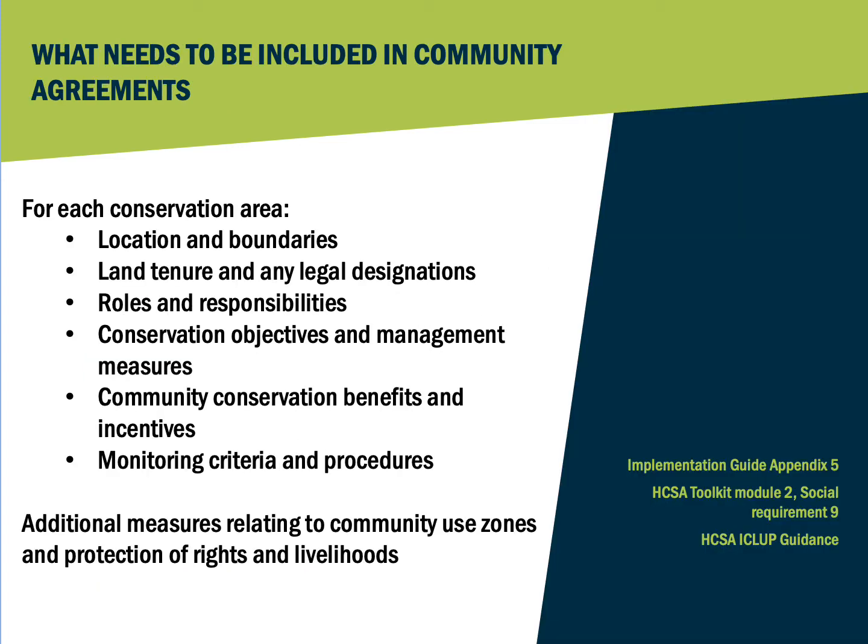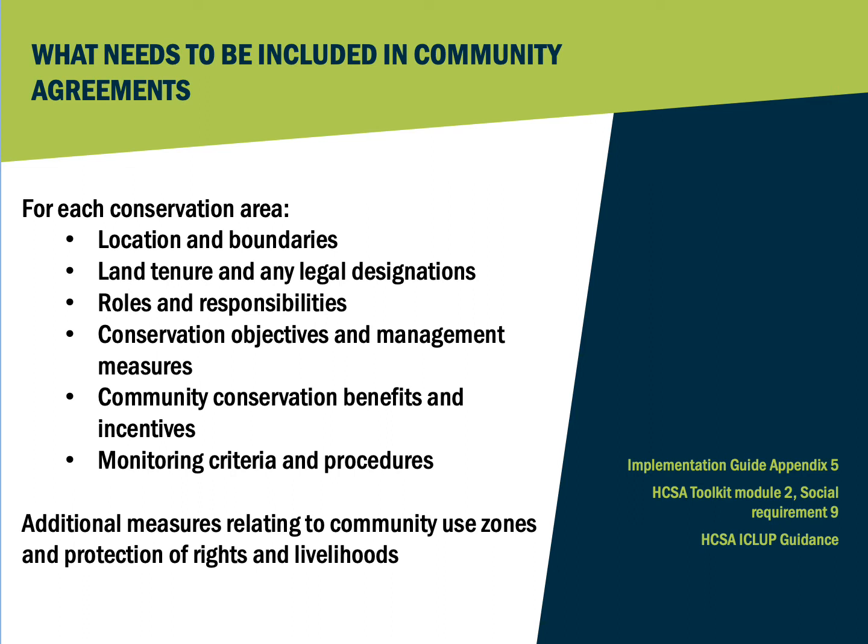Community agreements are usually for a fixed duration, after which they will be reviewed. For each conservation area, they specify its location and boundaries, land tenure and any proposed legal designations, for example as a protected area or a community forest, roles and responsibilities of the different parties involved, the conservation objectives and management measures, including rules about what is permitted, which need to be negotiated on a case-by-case basis, and what the sanctions are if the rules are broken.